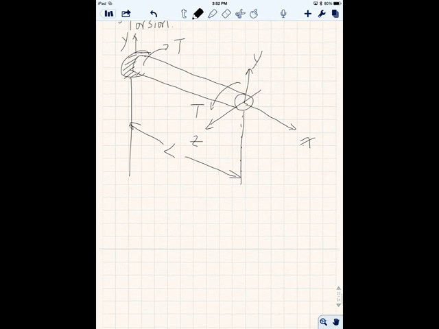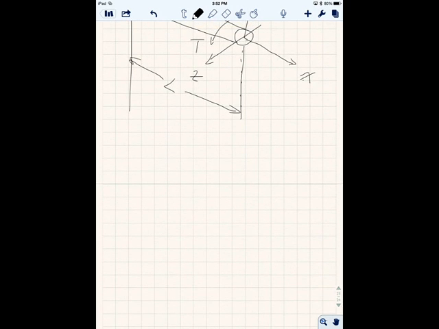Okay. So the way we can quantify it is we look at the front surface, Y and Z. If we say initially, before the force is applied, you have a point A, and after the torque is applied, it changes to A prime.